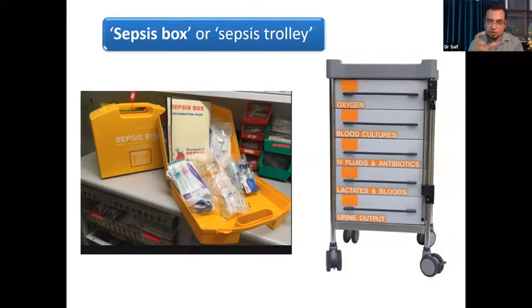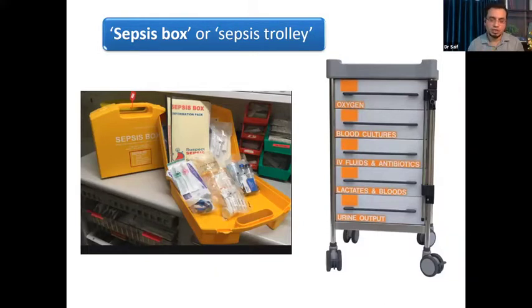We used to keep extra culture bottles also in the ICU, and obviously we had the ABG machine like any other ICU. So I think these two things are important. But in peripheral hospitals, where the facilities are not so standard, at least you can keep a bag in which all important things should be there: vials of antibiotic, blood culture bottle, a few bags of IV fluid, normal saline or Ringer's, and you can keep hydrocortisone, which also has a role.